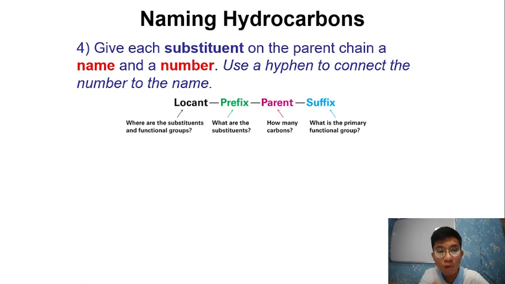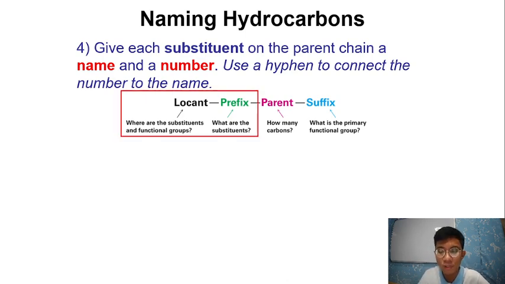Okay? Tapos, yung locant is yung substituent. Kumbaga, saan siya nakakabit? Doon sa parent chain siya nakakabit. So that's the meaning of your locant. And there's a hyphen that you use to connect the number to the name. So let's illustrate. Okay?